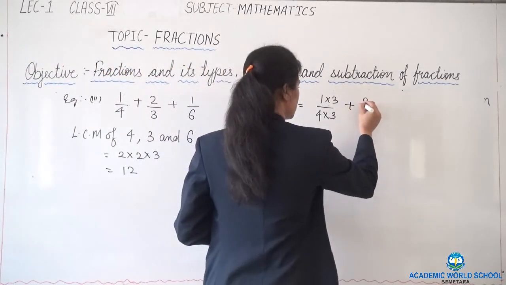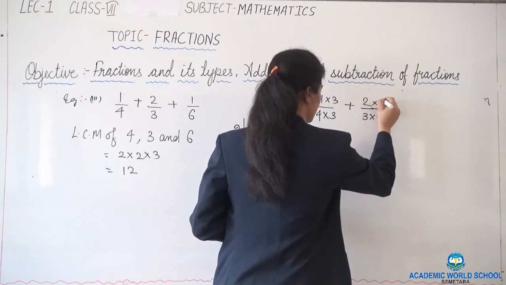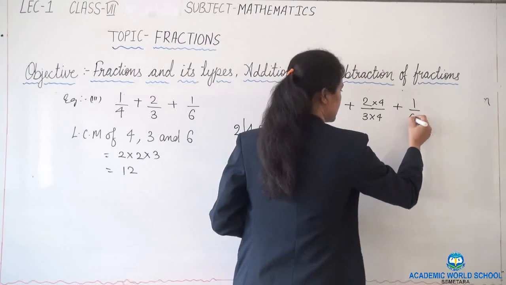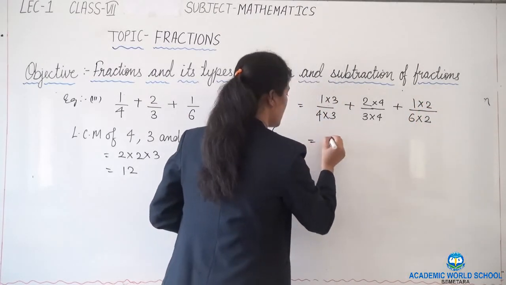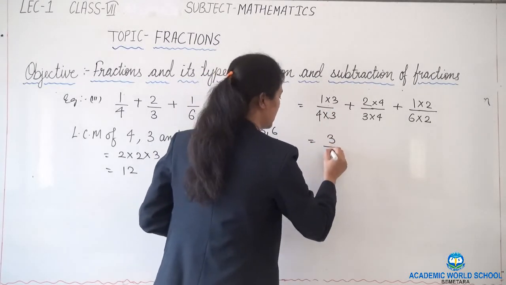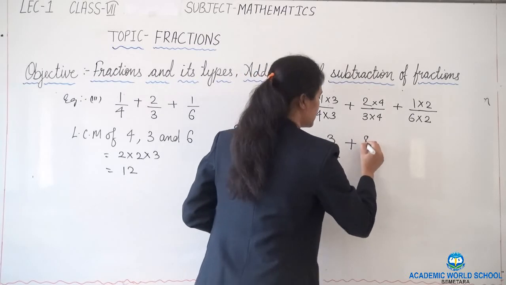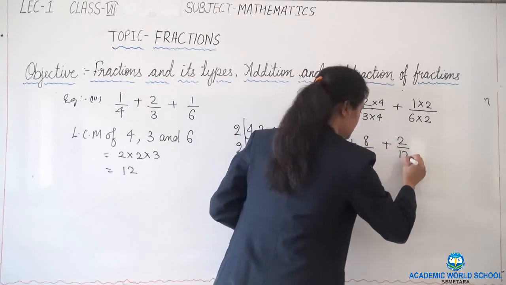Plus 2 by 3 into 4 into 4, plus 1 by 6 into 2 into 2. This is 3 upon 12 plus 8 upon 12 plus 2 upon 12.